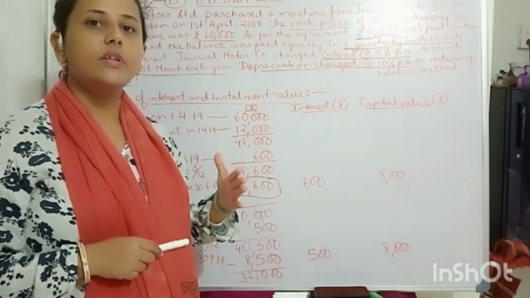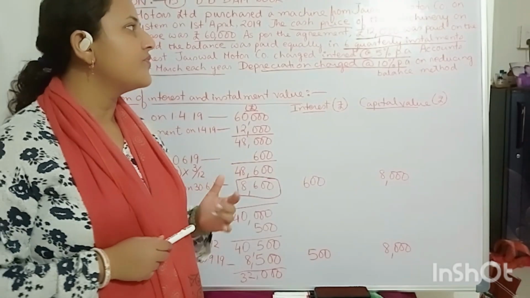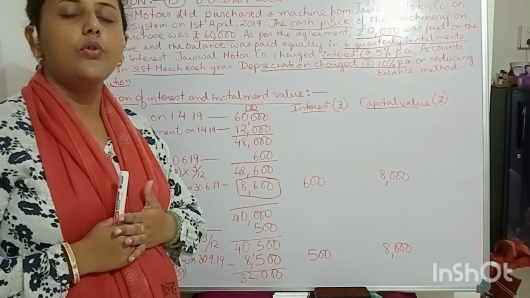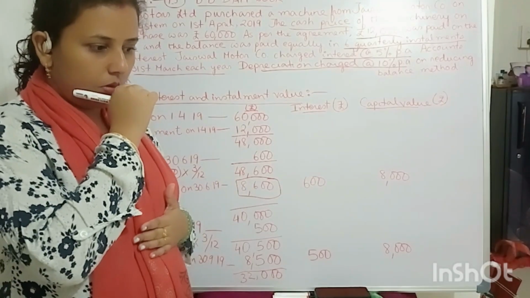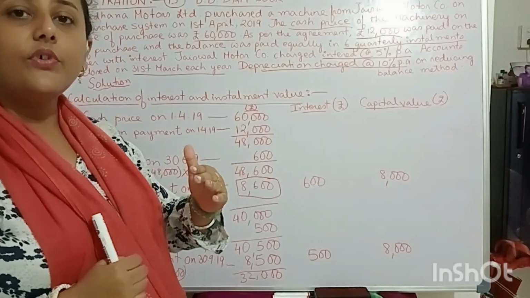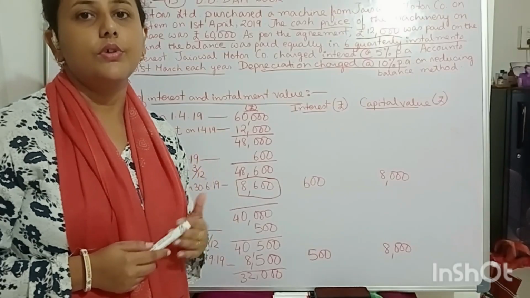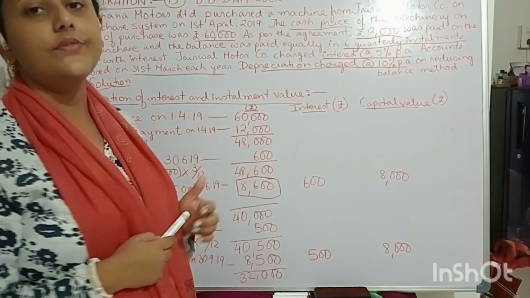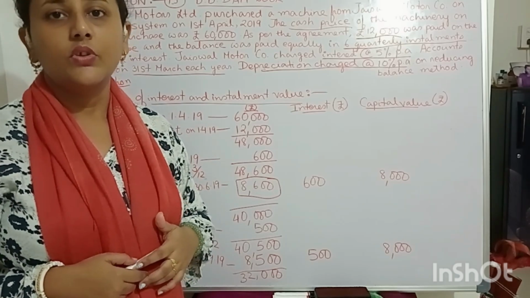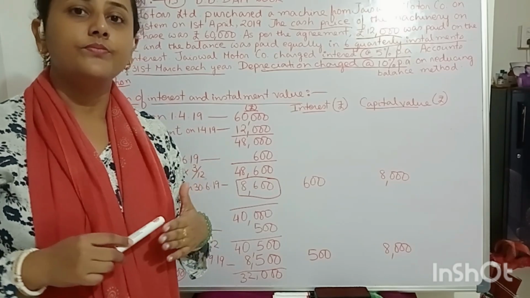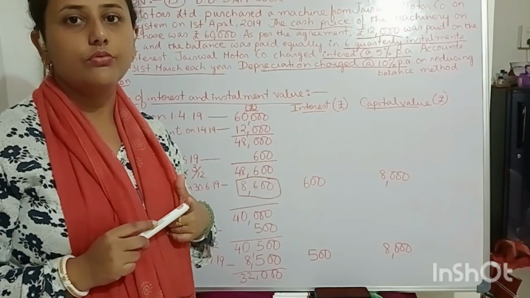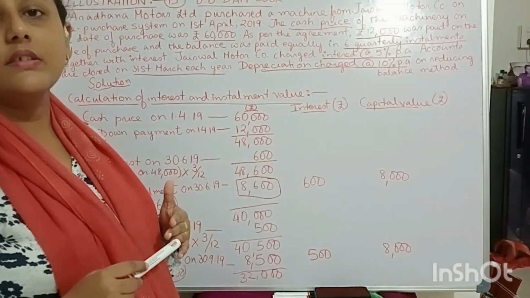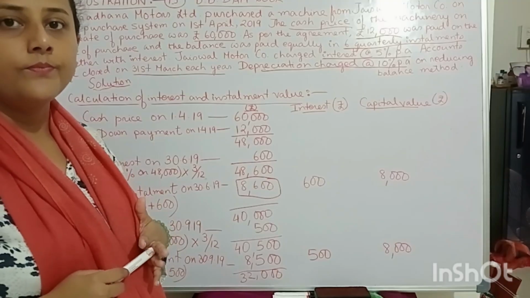And for the ledger accounts, you see Jaswal Motor Company, the hire vendor account. For each quarter, you have to pass entries, and here the year ends on 31st March each year. So you have to close the accounts for the first year ending 31st March 2020.